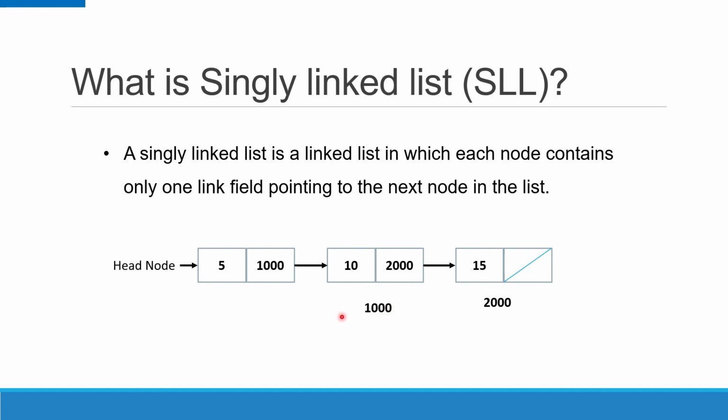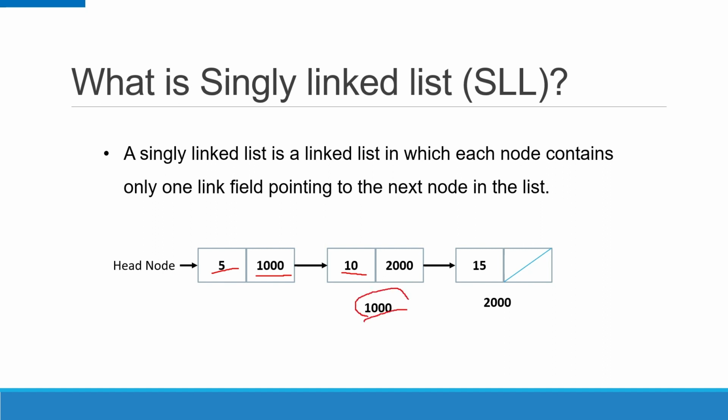If you notice here, in the next field you have 1000. It represents the memory address of the next node. Our first data is 5 and the second data is 10. Which memory location is 10 in? 1000.